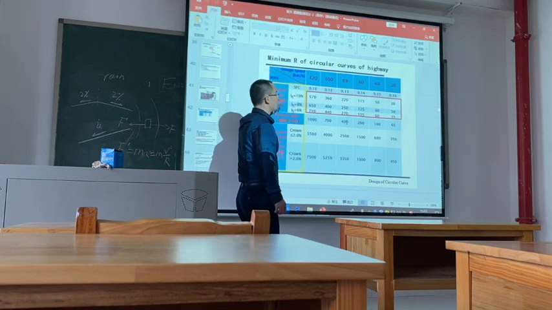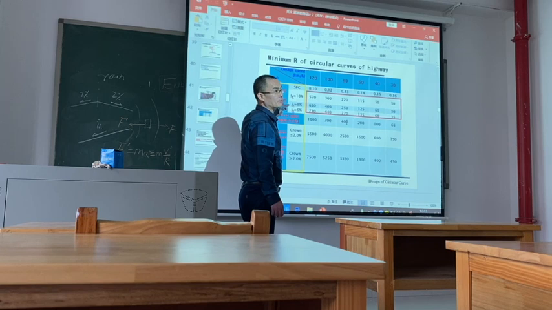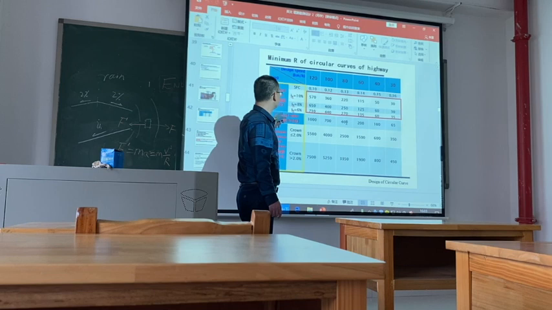This is on very complicated terrain condition. This is general terrain condition.